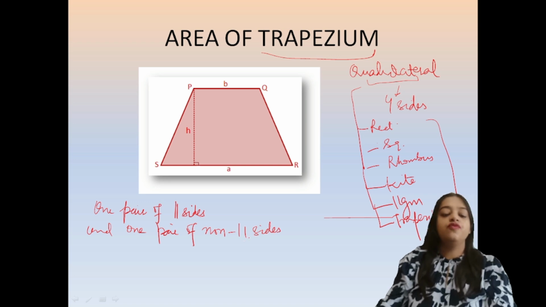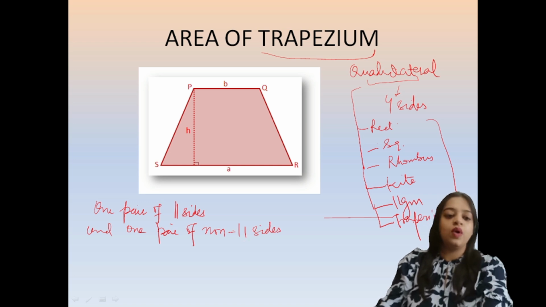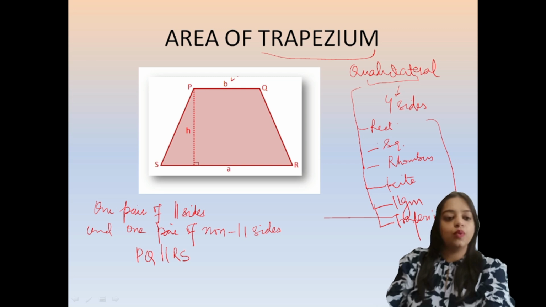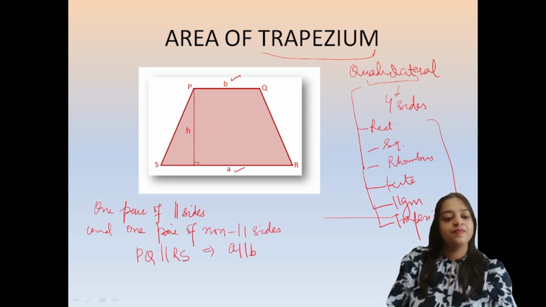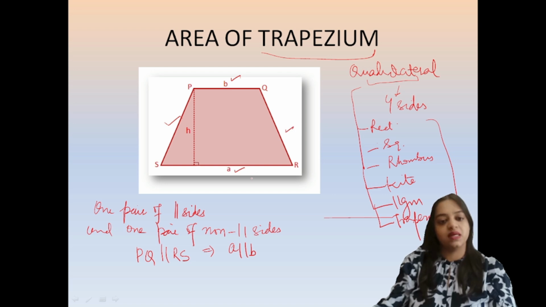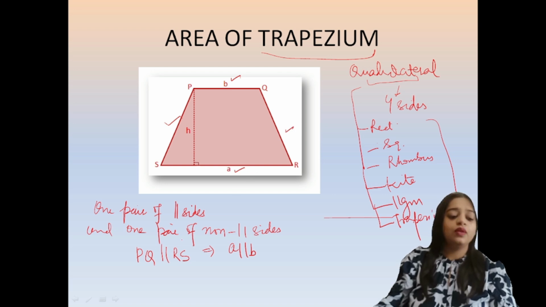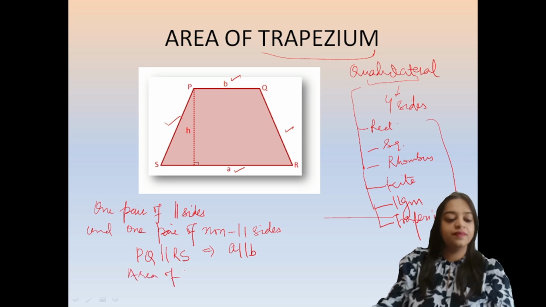right? So if you observe this trapezium PQRS, you can clearly observe that PQ here is parallel to RS. ठीक है, मतलब ये दो साइड्स जिसको B और A नेम किया हुआ है, these are parallel, A is parallel to B, और जो ये दो साइड्स हैं PS and RQ, these are non-parallel sides, right? So what is the formula for calculating area of trapezium?